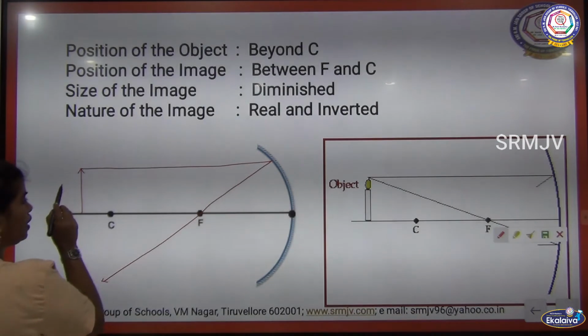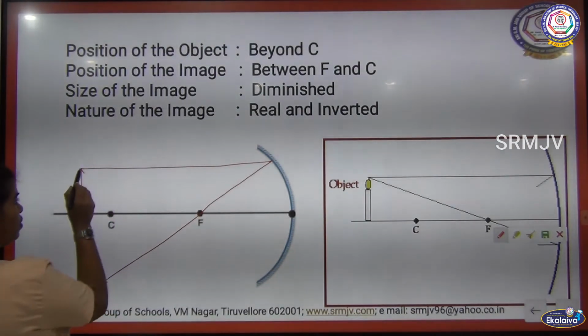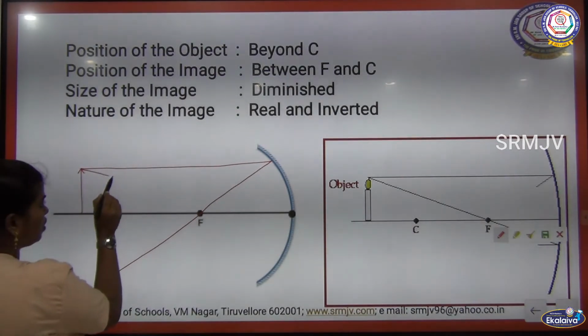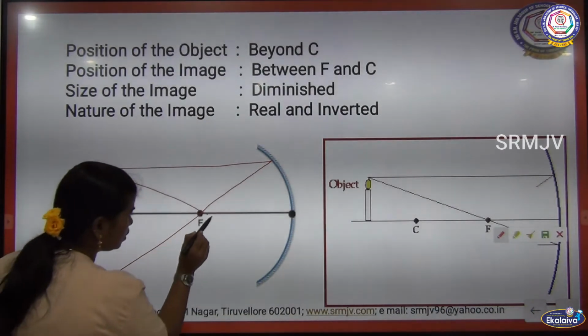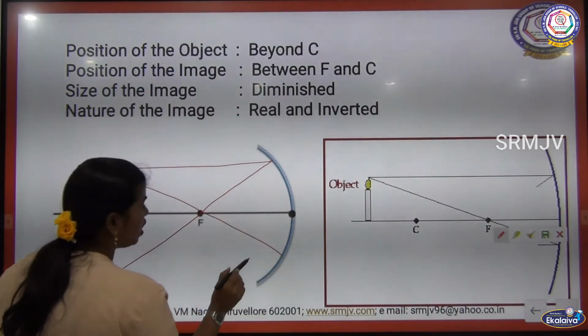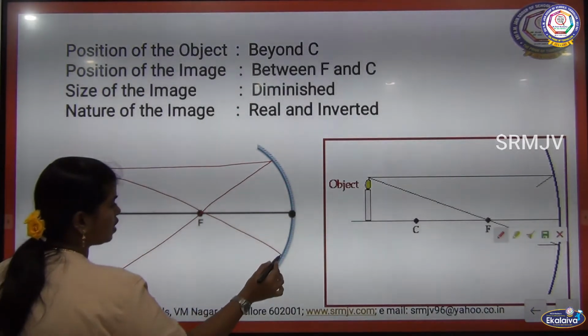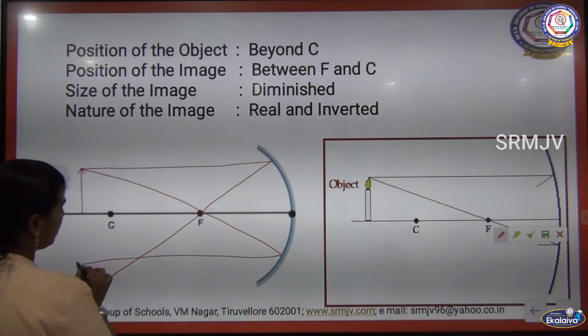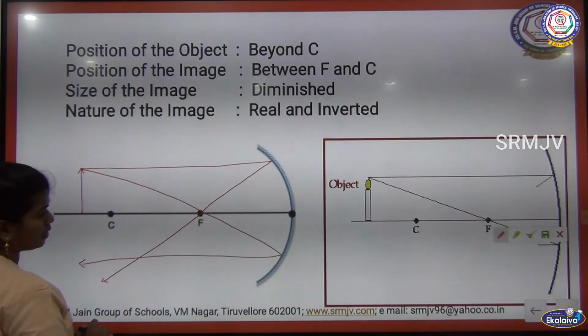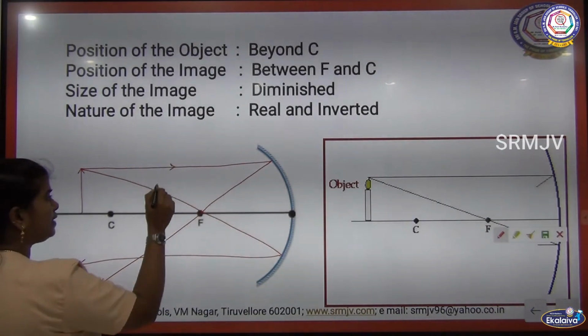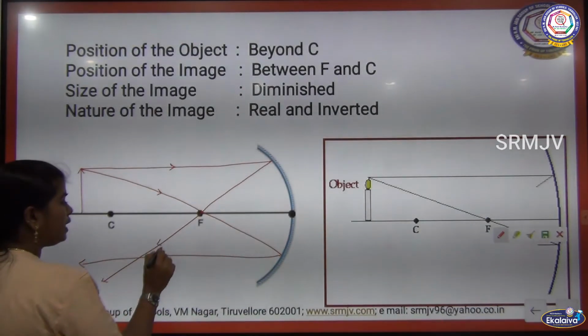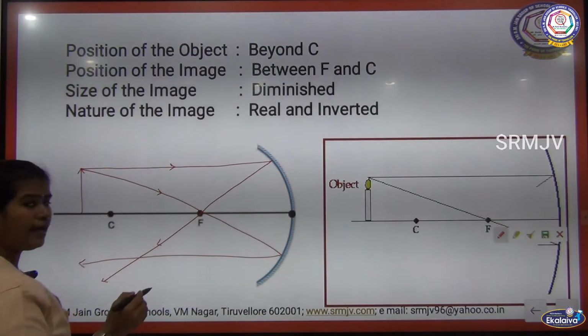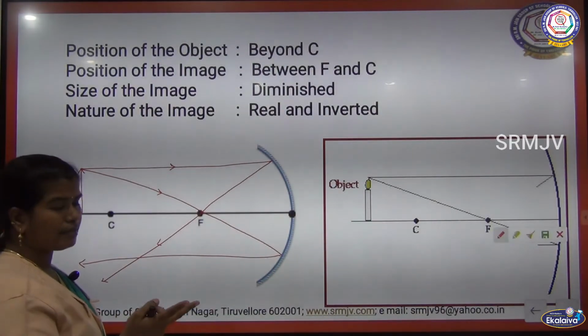Then we will use rule 2: a ray passing through the focus, after reflection, will emerge parallel to the principal axis. Where does the image form? The image will be formed where the two reflected rays meet.